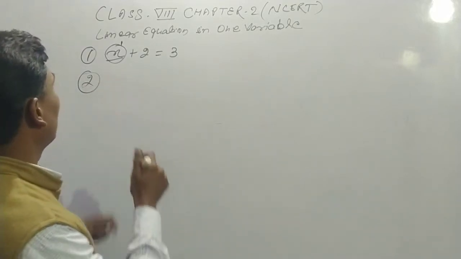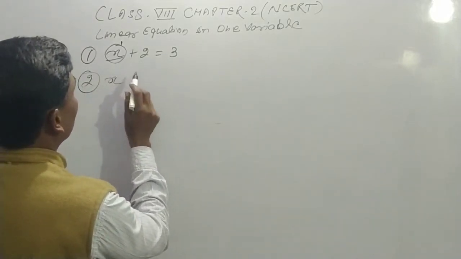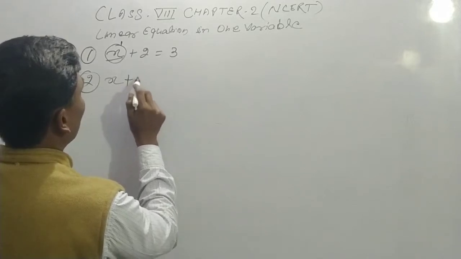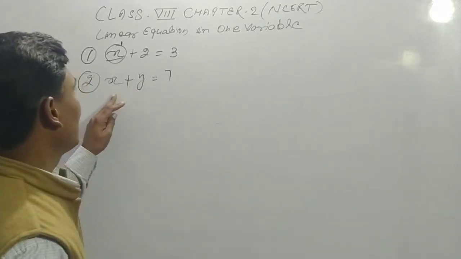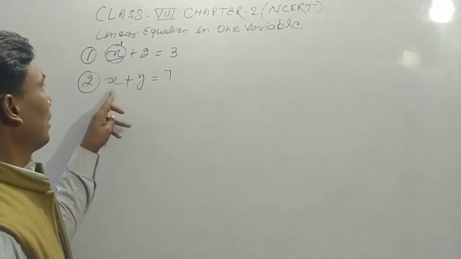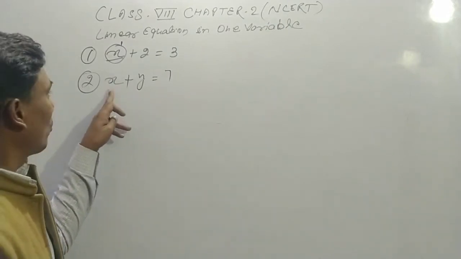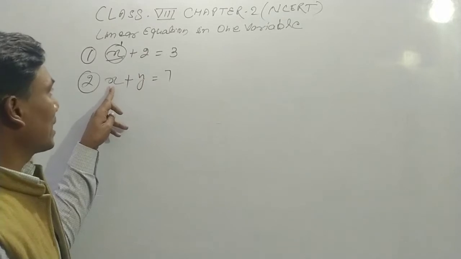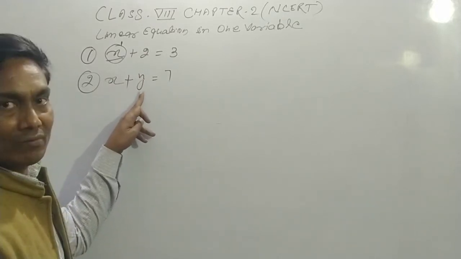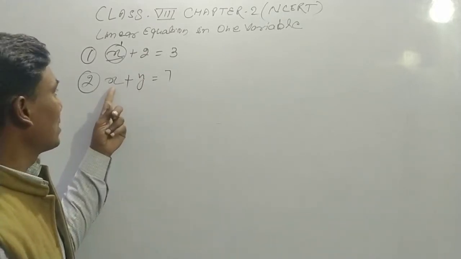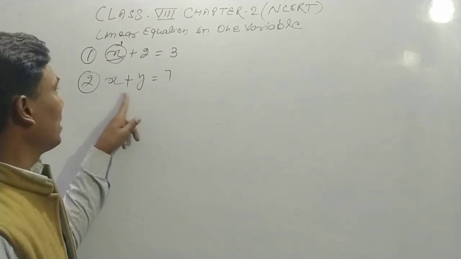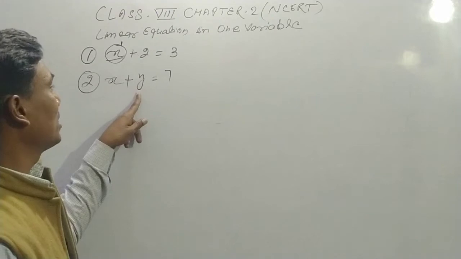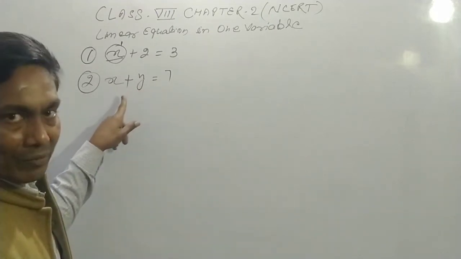If we have a second equation, for example x + y = 7, considering this equation, there are two variables. The first variable is x and the second variable is y. So we can easily verify that this given equation is a two variable equation.